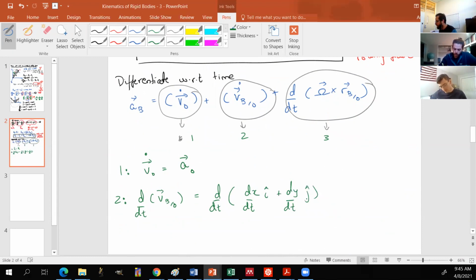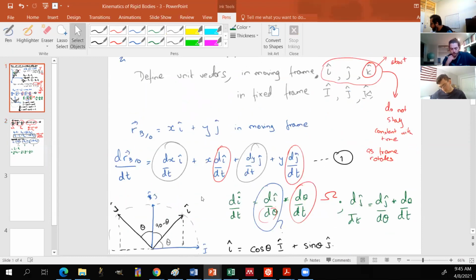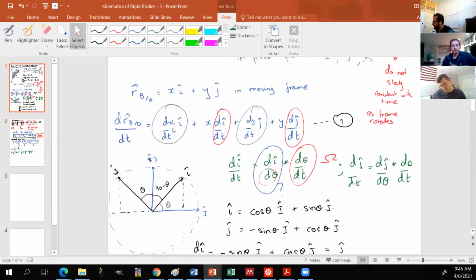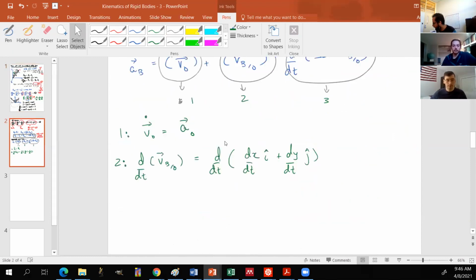You do the same thing that you did in this term over here, but now it's double derivative terms. The product rule applies, so it's going to be d squared x over dt squared times i hat plus, skipping a step, I'll write the first term first, because it makes for simplified writing.